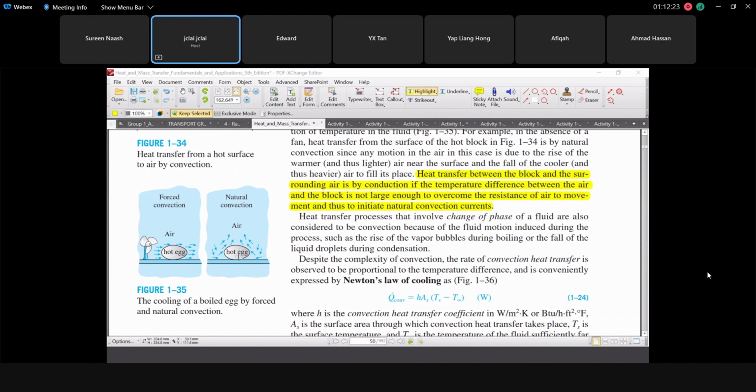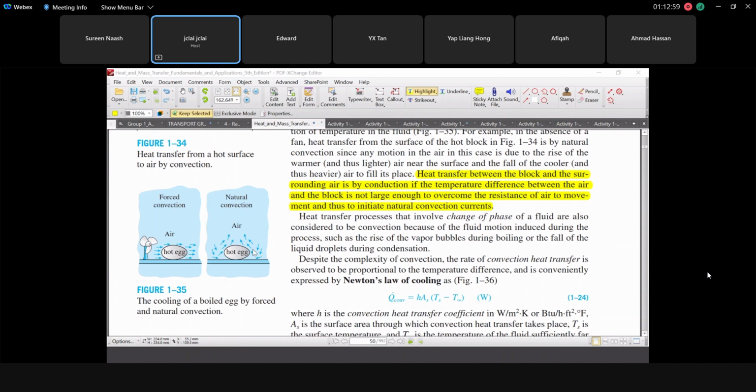If the hot egg here is very hot, then the buoyancy effect is large enough to form this flow. But if the egg is not that hot, let's say 32 degrees Celsius, and the surrounding air temperature is 30 degrees Celsius, the temperature difference is only 2 degrees Celsius.